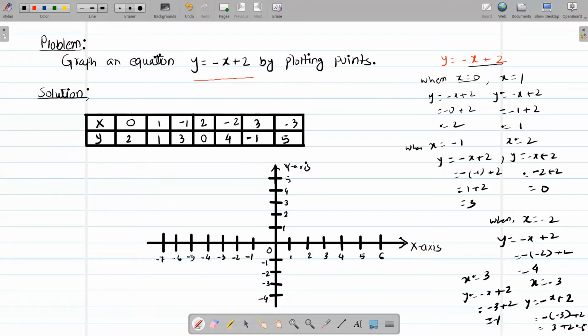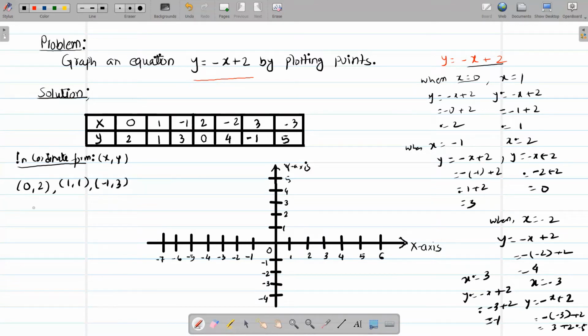Now if we write this in coordinate form, the coordinate form is x and y, right? X comma y form. Now what are our coordinates? One coordinate is 0, 2, another is 1, 1, another is negative 1 and 3, right?